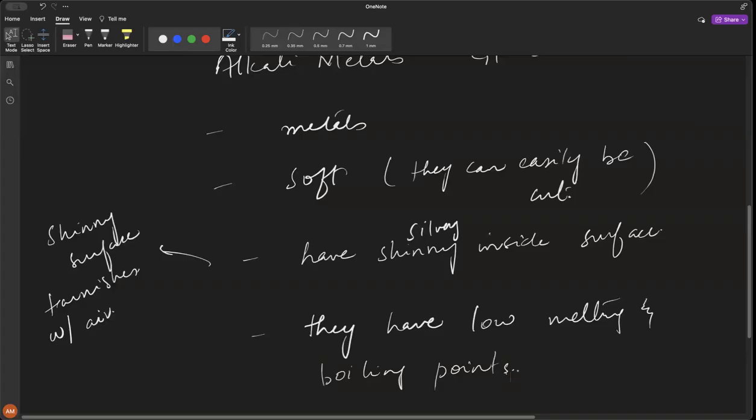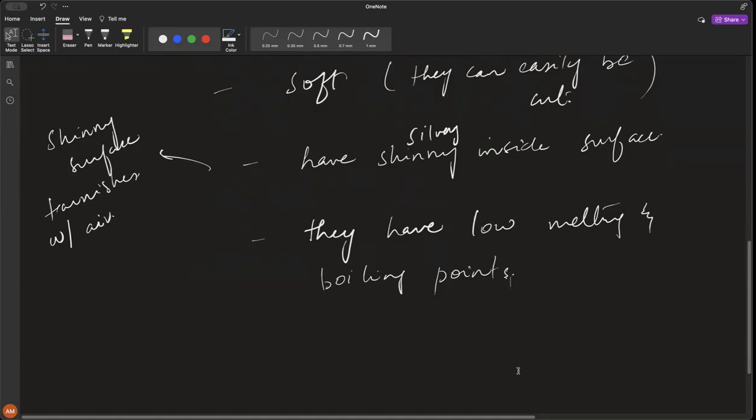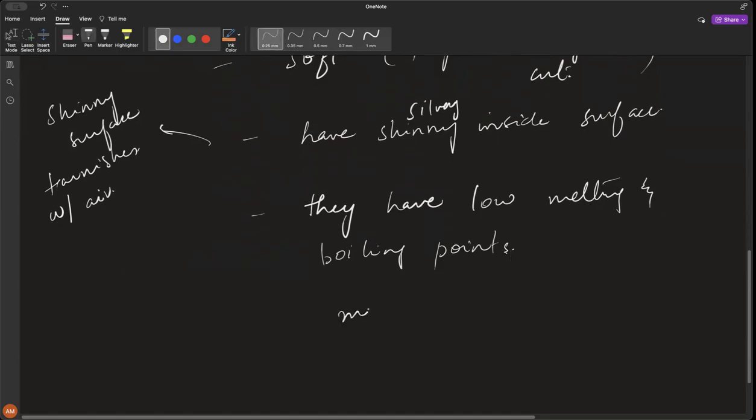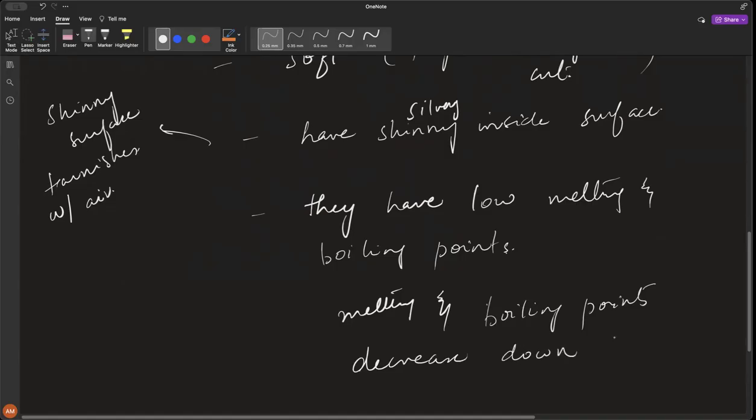Melting and boiling points decrease down the group.